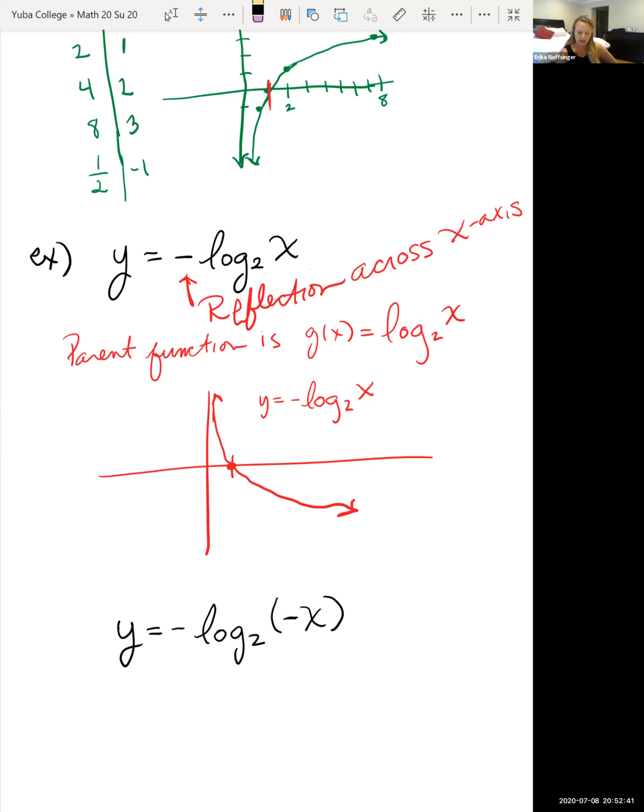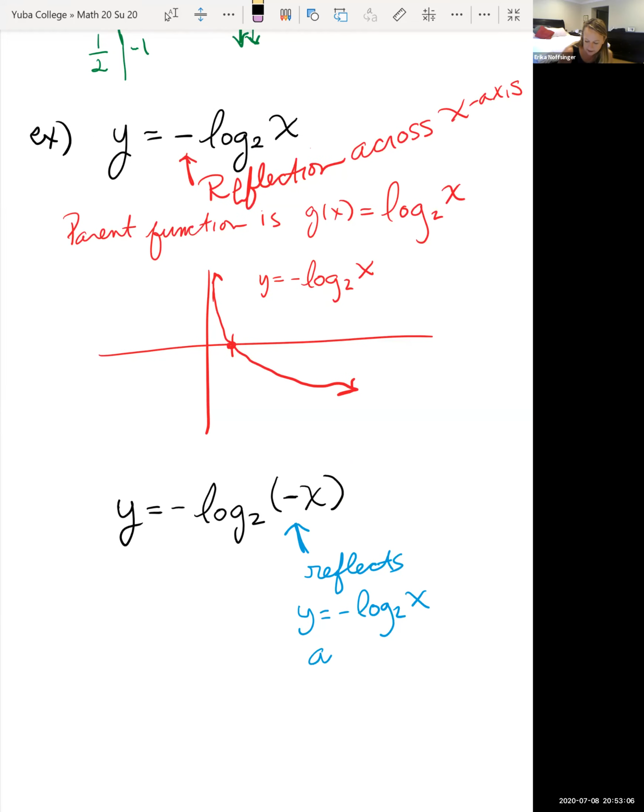So not only did this first negative reflect the graph originally, log base 2 of x, across the x-axis, this negative here reflects y equals negative log base 2 of x across the y-axis. Sorry, it changes my value of x, so this is a reflection across the y-axis.